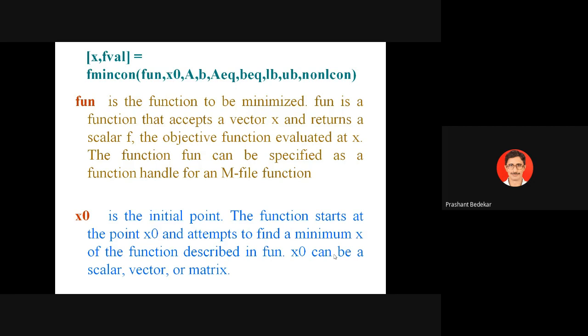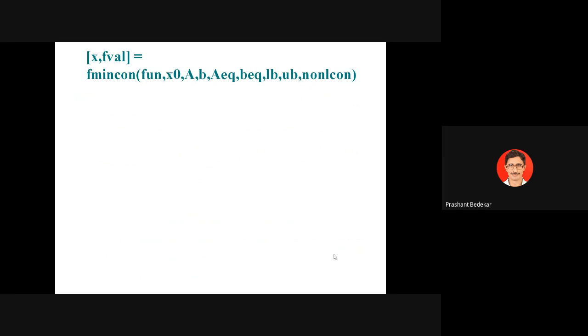They take care of linear equalities. Aeq, the left hand side of the linear equality. Beq, the right hand side of the linear equalities. LB is the lower bound, UB is the upper bound. And then you will find one thing additional. Okay, so let's proceed one by one.